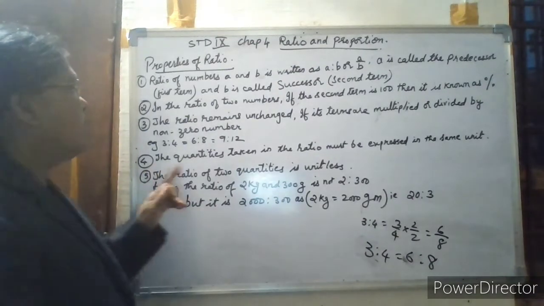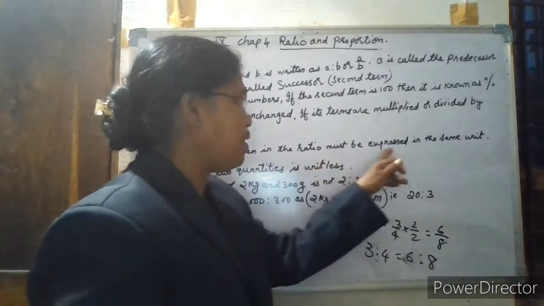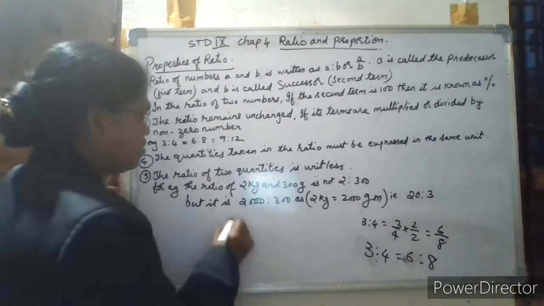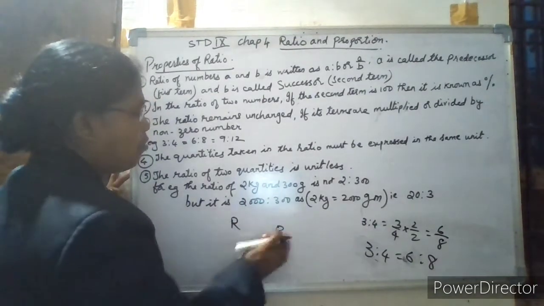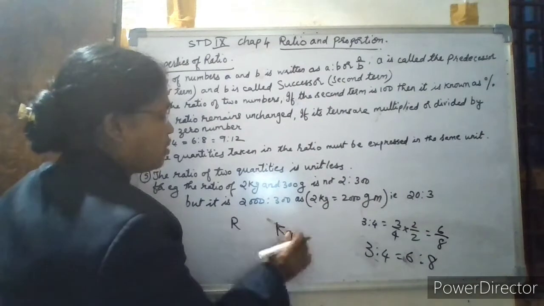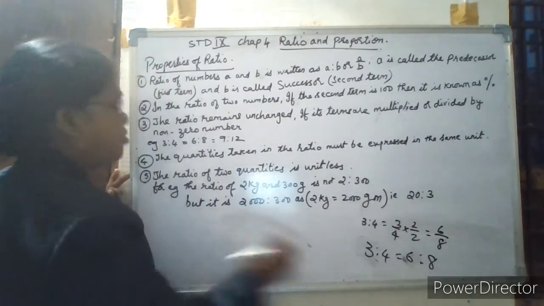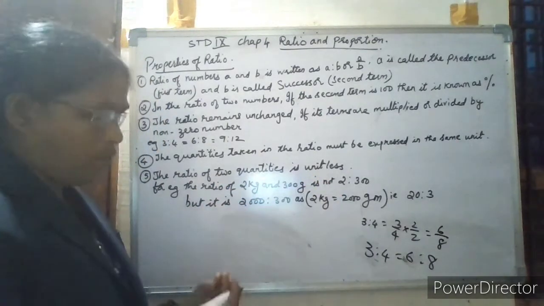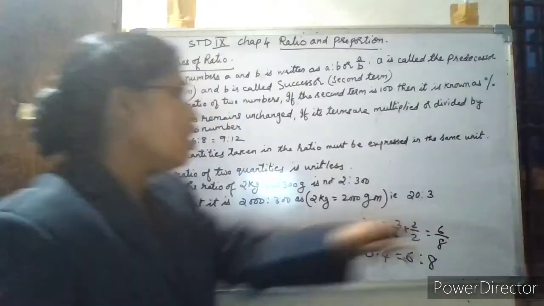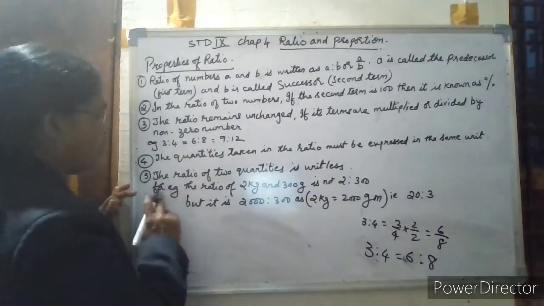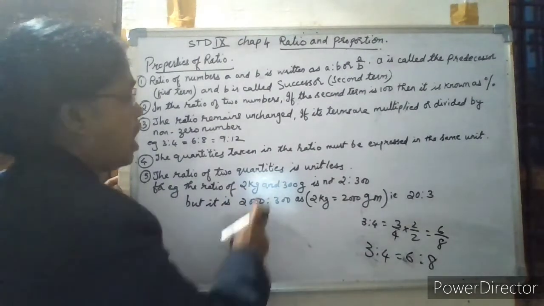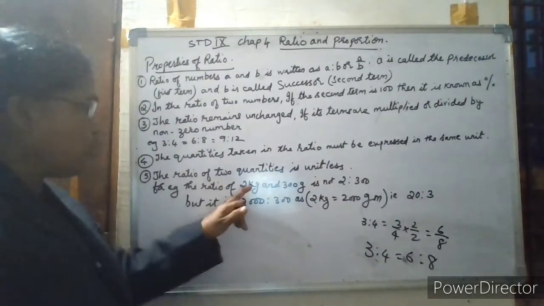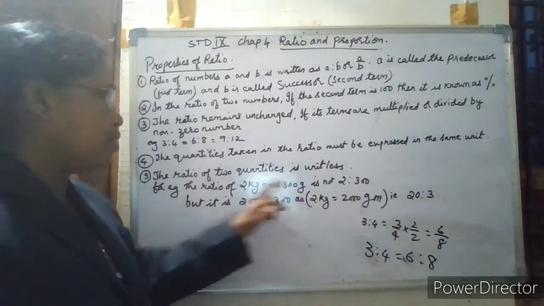Fourth property, the quantities taken in the ratio must be expressed in the same unit. It must be in the same unit, like rupees only. It cannot be rupees and kg. Different quantities cannot be taken. For example, the ratio of 2 kg and 300 grams is not written as 2:300, because this is kg and this is gram, different units.